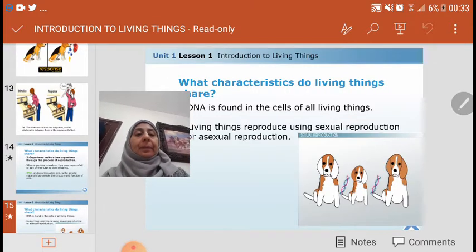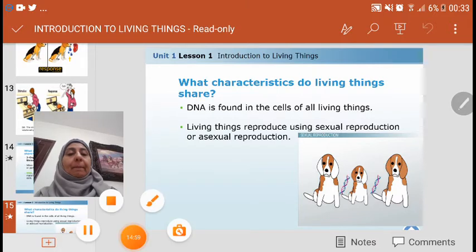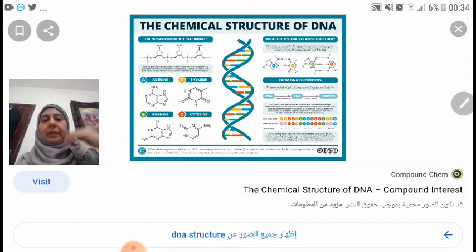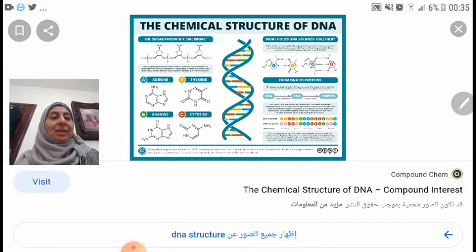Let's see. Here is the structure of the DNA. Later we will understand it in detail, but it looks like a spiral ladder that exists inside the nucleus in some living things, and free in the cytoplasm in some living things, such as what we are going to see in the next unit, inshallah.